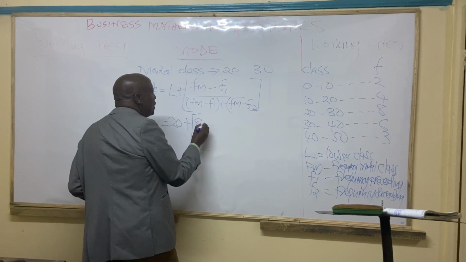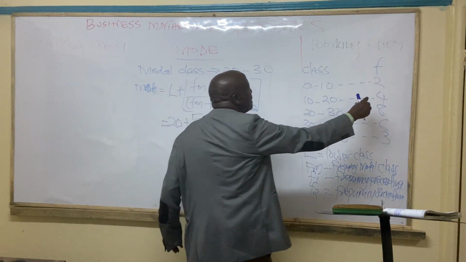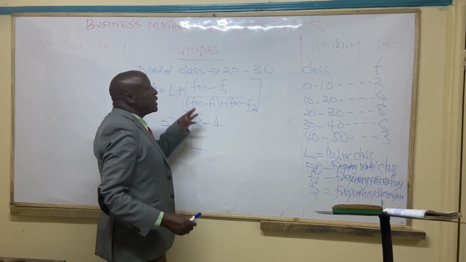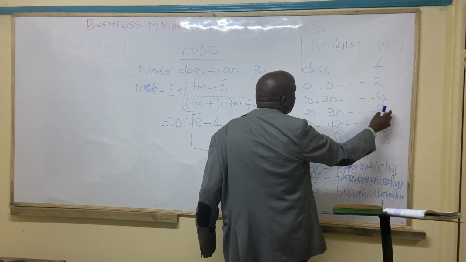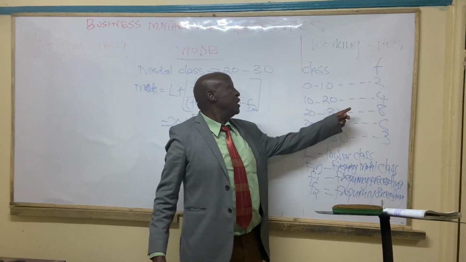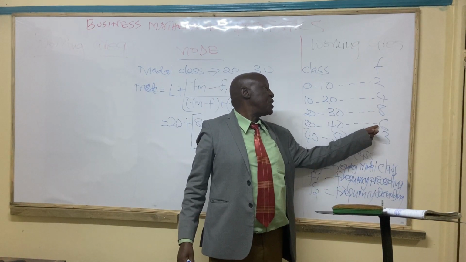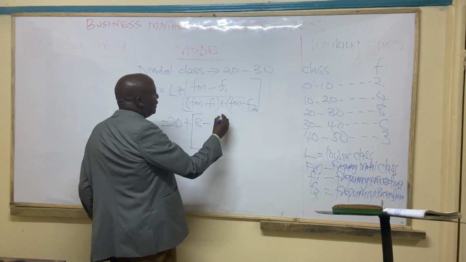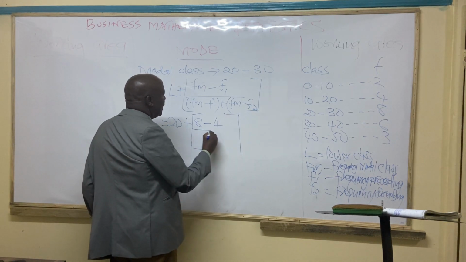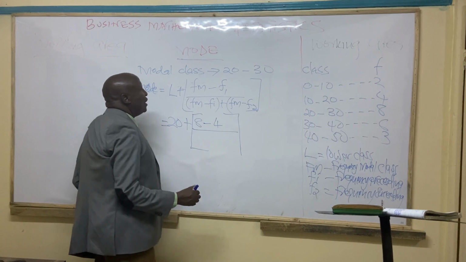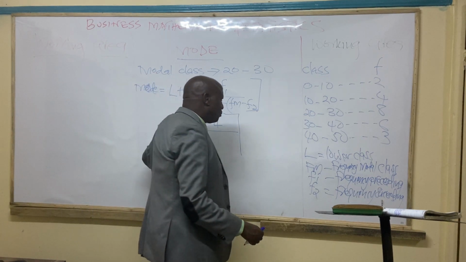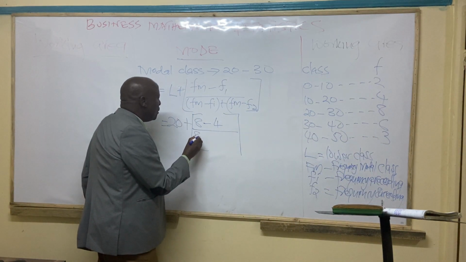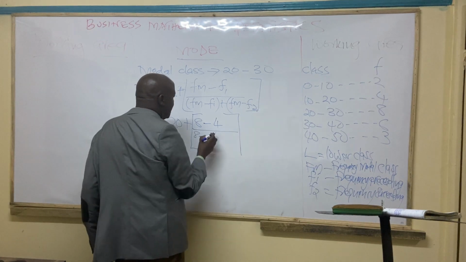So we say 8 minus the frequency preceding, which is 4. Frequency of the modal class here is 8, but the frequency preceding is 4, and the frequency succeeding is 6. So we write 4 here, and then we say frequency of the modal class is 8. We say 8 minus frequency preceding.